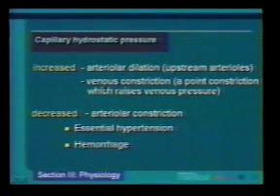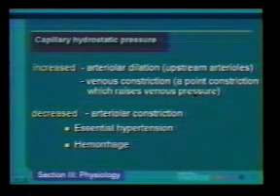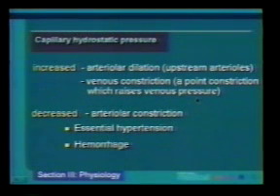Now, the second situation, which is just about as important, involves venous constriction. Now, by venous constriction, we're specifically referring to a point constriction of the veins that raises venous pressure. Now, the best example that I could give you here is a pregnant woman.